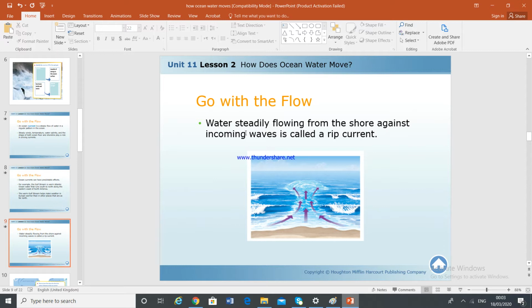When I say the direction of the waves, they are towards the seashore. But how about the rip current? It's against. So let us start again. Waves, surface waves, and storm surge. We know about currents and rip currents.